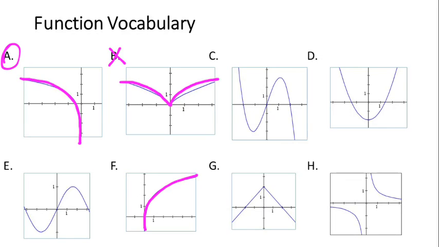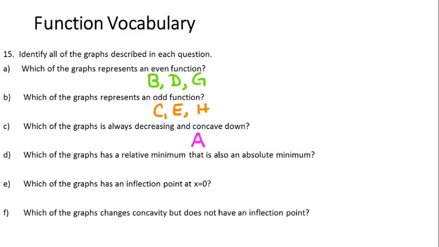On G, I want to point out here that this absolute value function, since these lines are straight, it has no concavity at all. And graph H, here we are decreasing and concave down. On this side, we are decreasing again, so this graph is always decreasing, but over here on the positive x side, we are concave up. And so the only graph that meets those two qualifications is graph A.